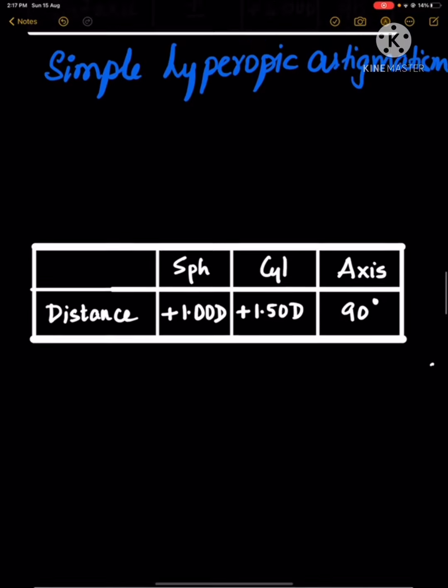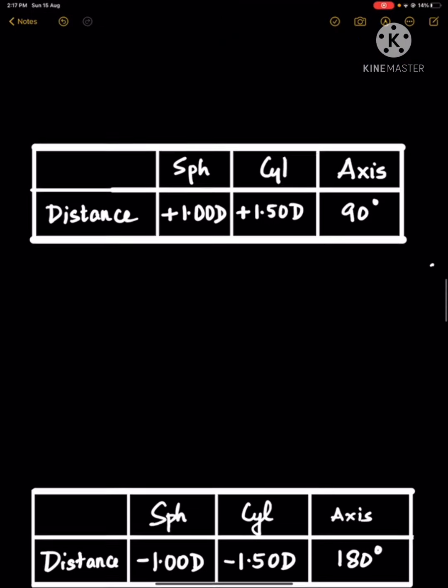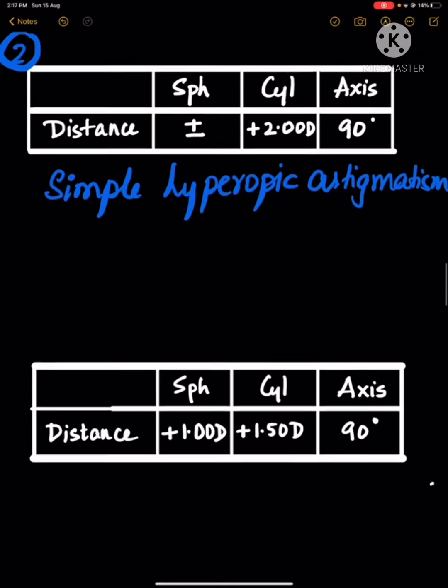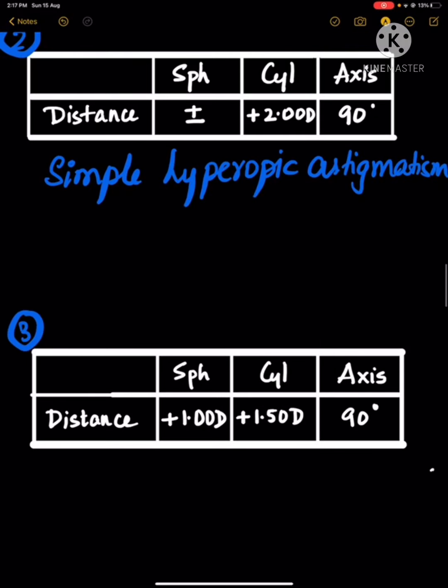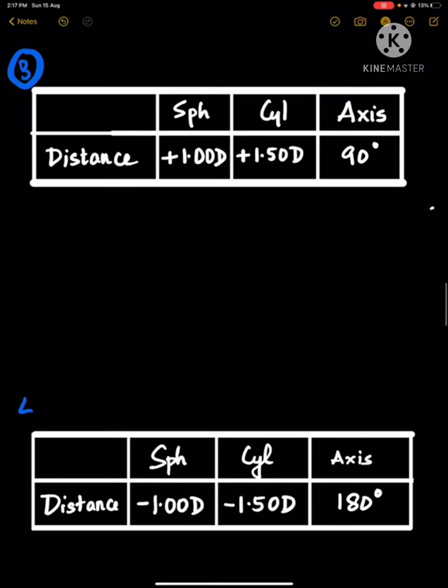Then comes third and fourth. Now third and fourth are different from 1 and 2. Why? There is a sphere. Once there is a power in both sphere and cylindrical column, you will look at the sign. They are of the same sign, right?